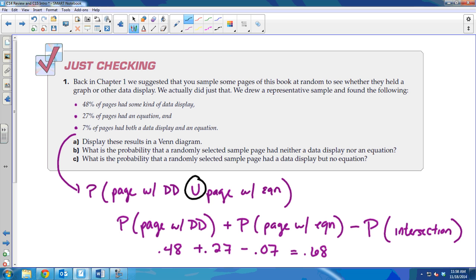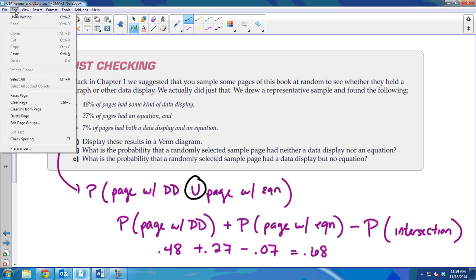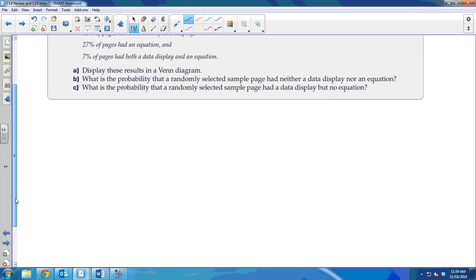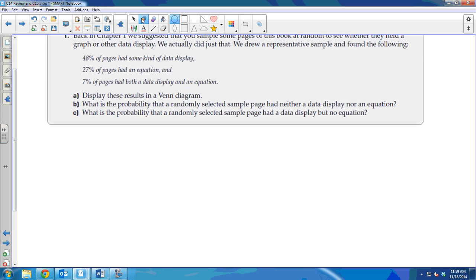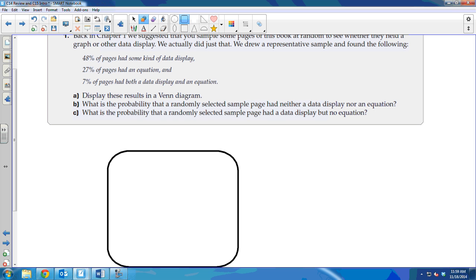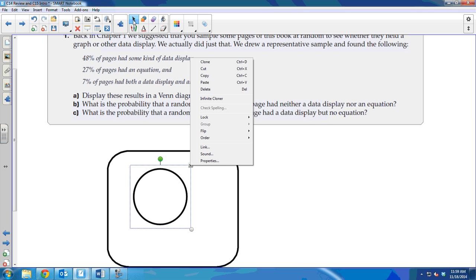Now, the other questions we have to answer are not so straightforward, which is why we're going to draw a Venn diagram, because we're going to make our lives easier. Okay? Can I erase what's on the screen right now? All right, so I'm making mine all pretty.